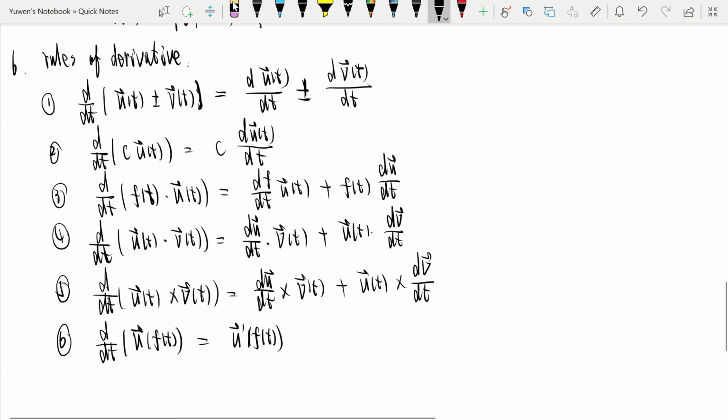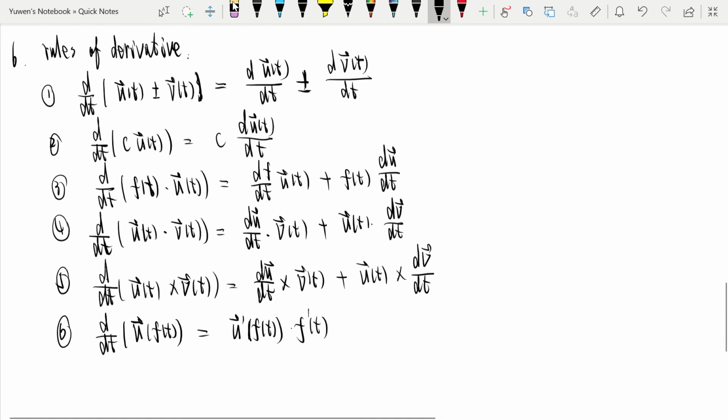We view f(t) as a whole, then times the derivative of f. Actually, these rules can be proved directly, so we don't want to prove them.